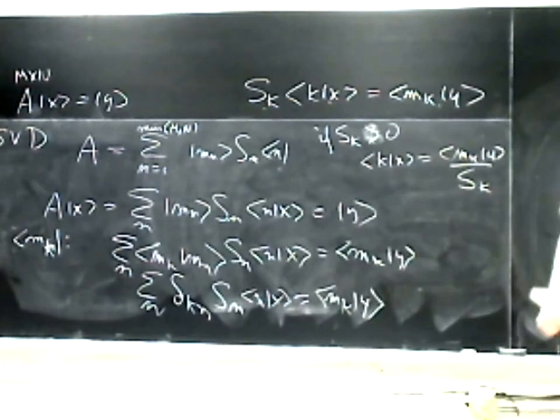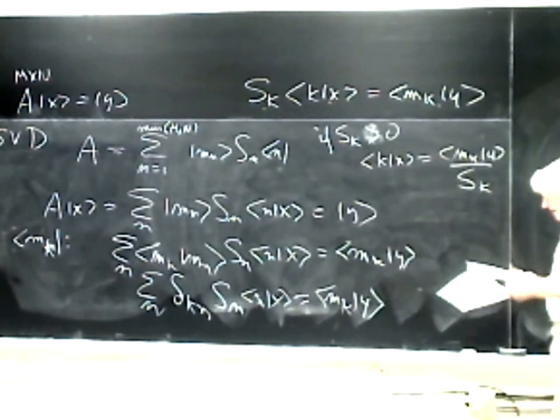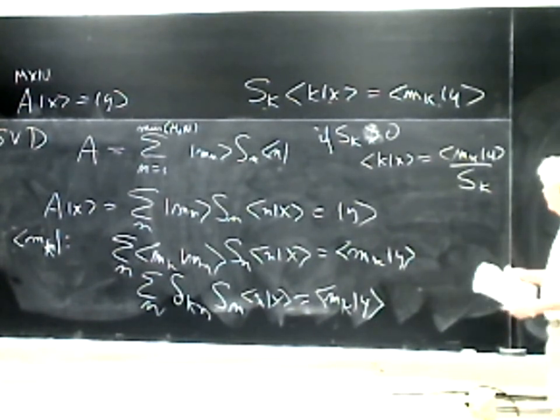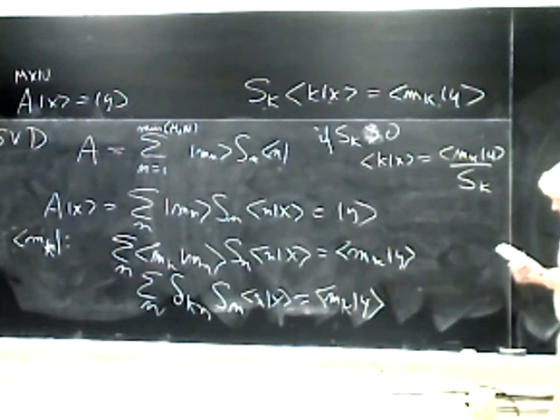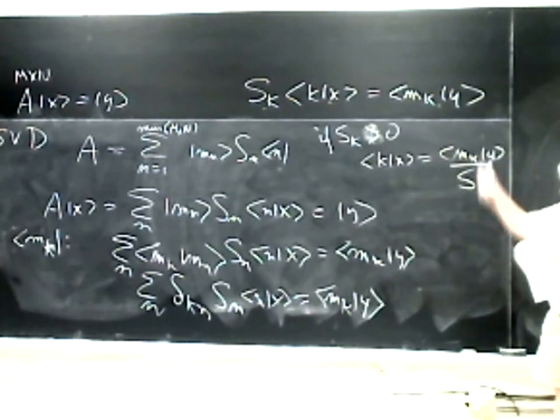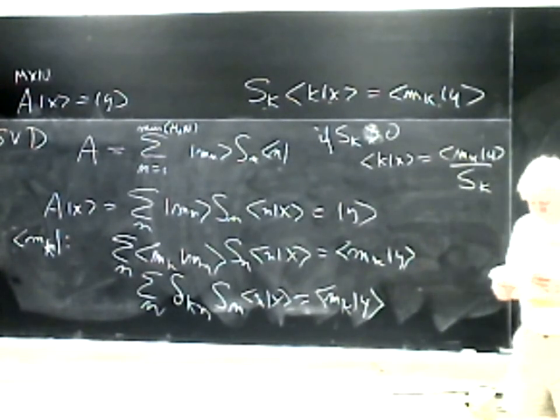Okay. Now, as I said, this solution is not always available, and it's not always unique. It's not available if some of the singular values are 0, where these ones are not.